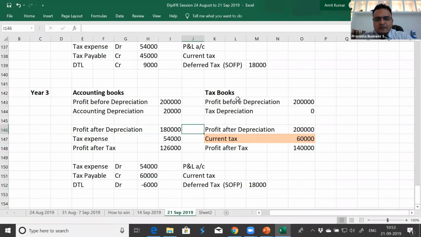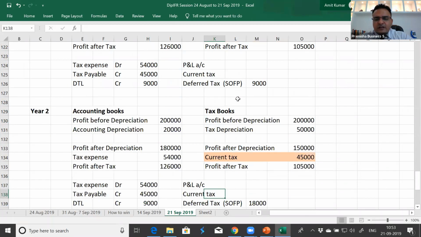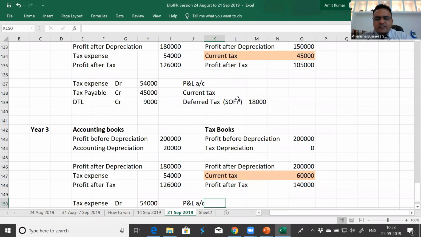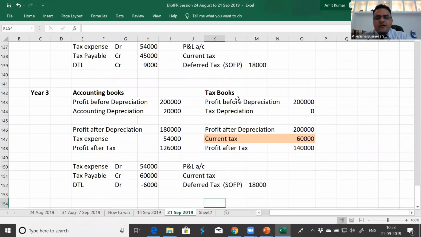But in the third year, if you notice, the current tax which was payable at 45,000 in year 1 and 45,000 in year 2 has suddenly increased to 60,000 because there was nothing left for charging in the form of depreciation. So it was a taxable temporary difference, not taxed today, but will be taxed in future. The future is year 3. Are we prepared for it?